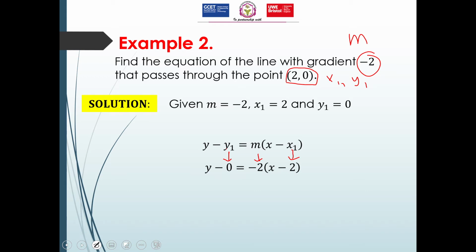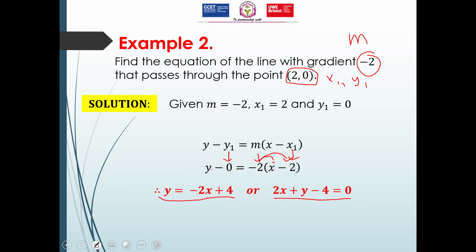So simplify. Multiply this minus 2 here, so you will have y minus 0, which is y, equals minus 2 times x minus 2, so minus 2x, and minus 2 times minus 2 will be plus 4. Or you can write it the other way around, where everything is on the left side.